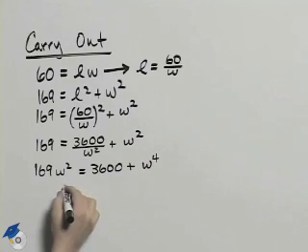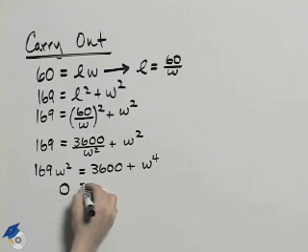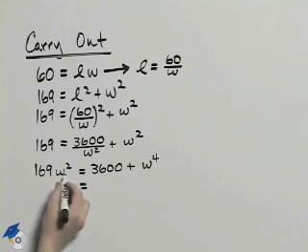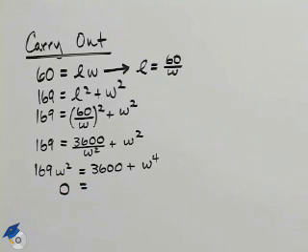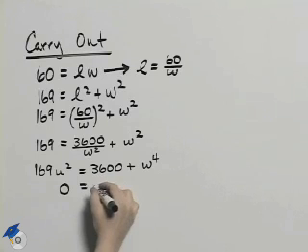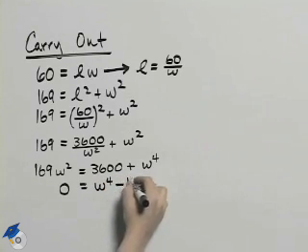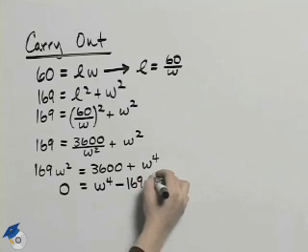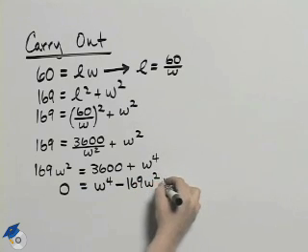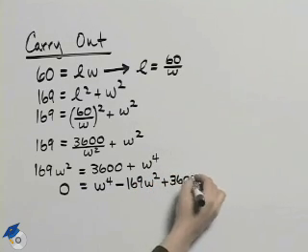I will set the left-hand side of the equation equal to 0. That means I have subtracted 169 W squared from the right-hand side, and I'll rewrite the equation as W to the fourth minus 169 W squared plus 3600.